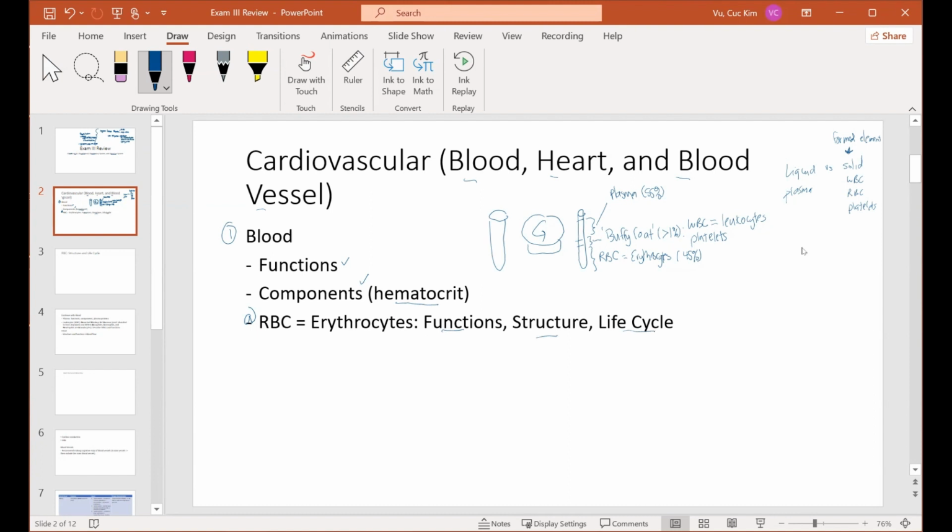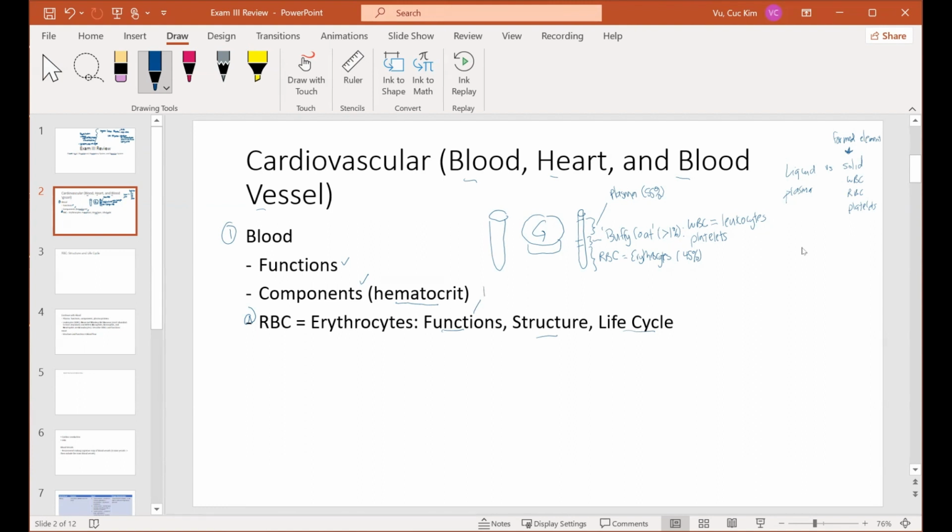Okay, so let's start with functions. What are some functions of red blood cells? Yeah, definitely.